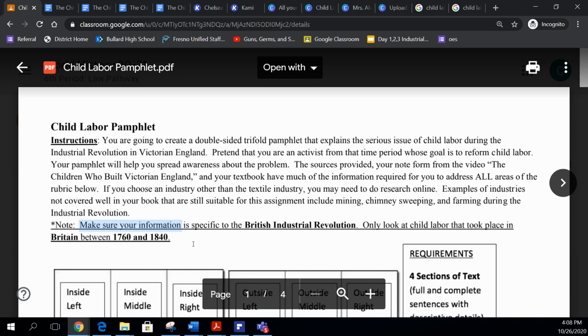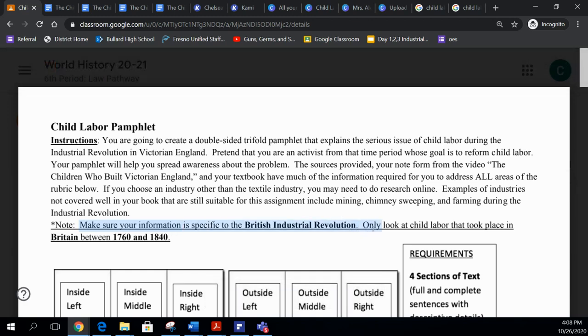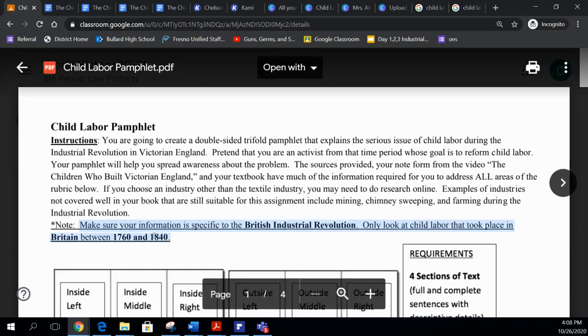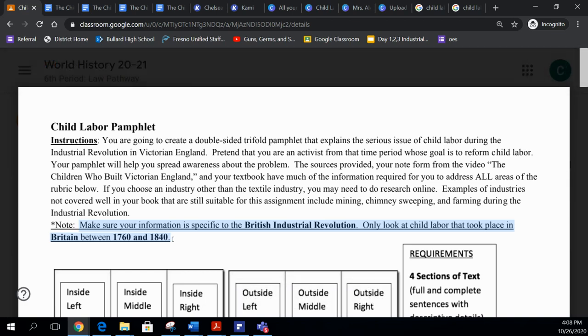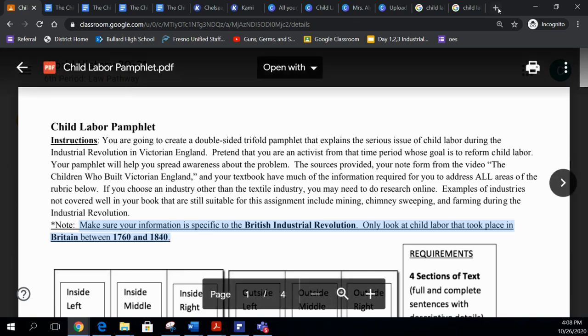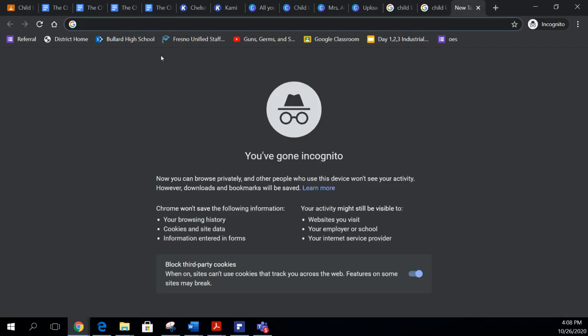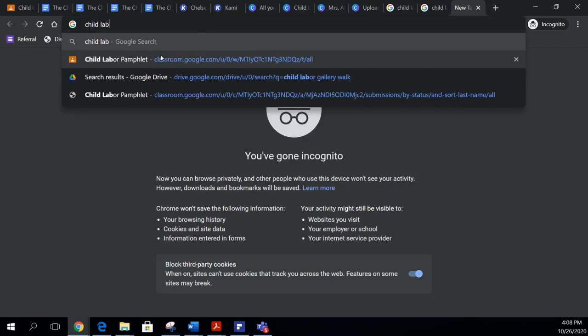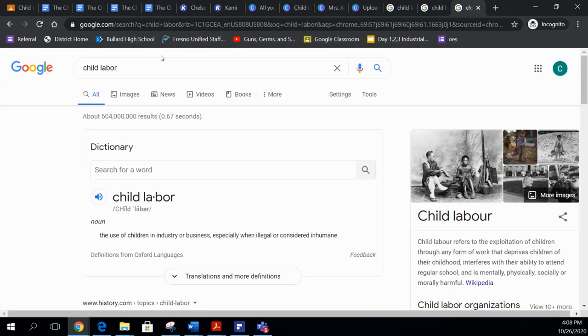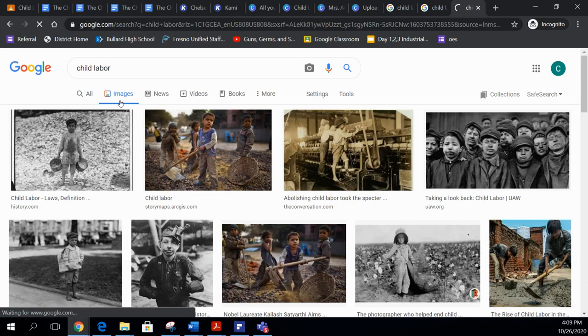Make sure that your information is specific to the British Industrial Revolution and took place in Great Britain from 1760 to 1840. I want to show you just really quickly what happens when I just look up child labor. If I go to the images, I'm looking for a picture, you can see that some of these look like they might be in the Industrial Revolution, but we don't know exactly where they are.